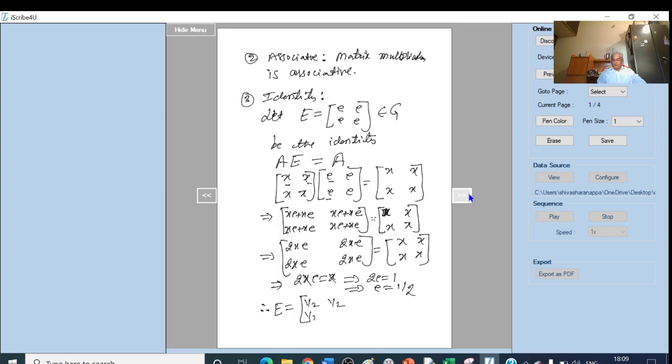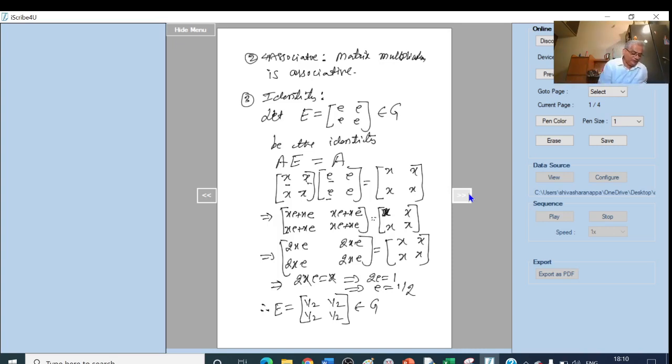This belongs to G because it is a 2 by 2 matrix, all four elements are the same, and they are not equal to zero. Therefore, this is the identity element. So, identity element exists in G.